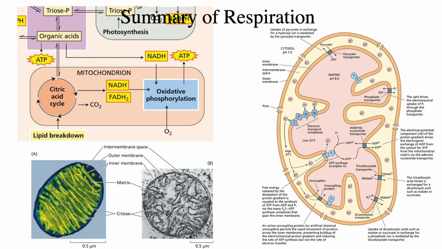Whether it's night or day, plant cells need energy in the form of ATP. In this slide, we can see the summary of the fourth pathway, respiration. We can see portions of the map showing the conversion of triose phosphates into organic acids. These organic acids are subsequently transported across the membranes of the mitochondria, where they enter the citric acid cycle.